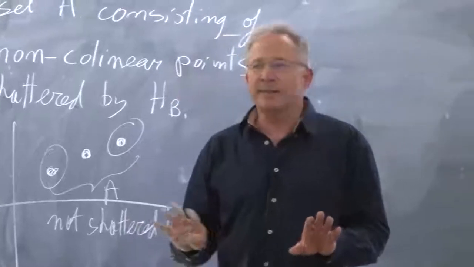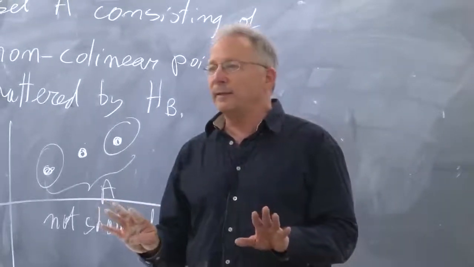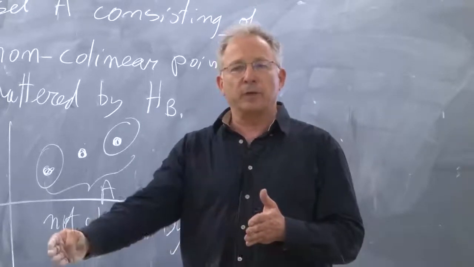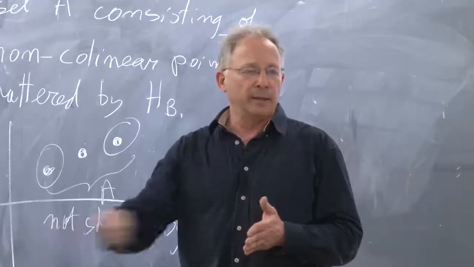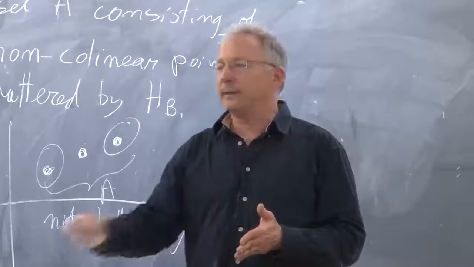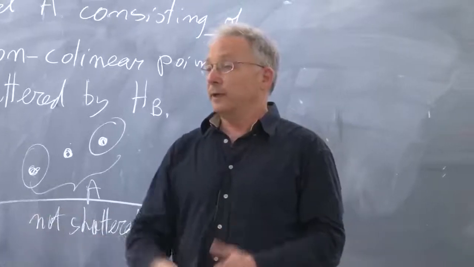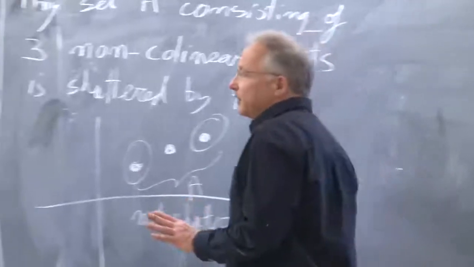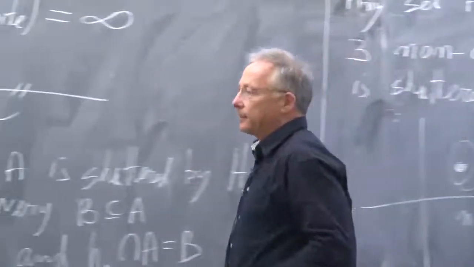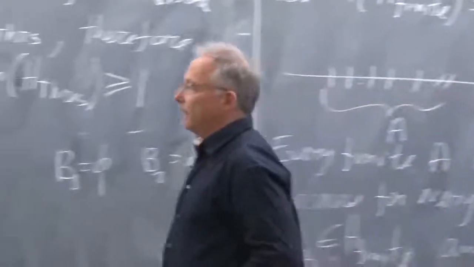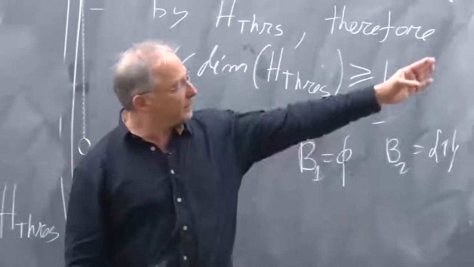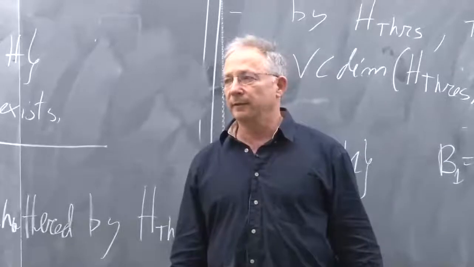So at least we saw that the VC dimension passes the sanity check. We wanted a measure that will show us that H threshold, which is learnable, is somehow less complex than H finite, on which ERM fails. And the VC dimension does pass this test. For H threshold, it gives us the value 1. And for H finite, it gives us the value infinity.